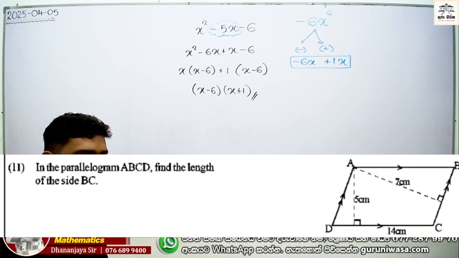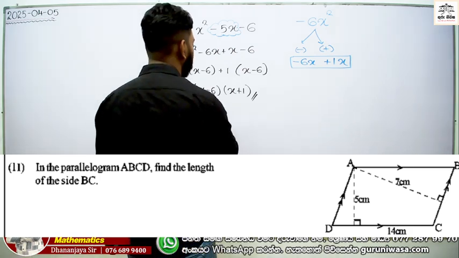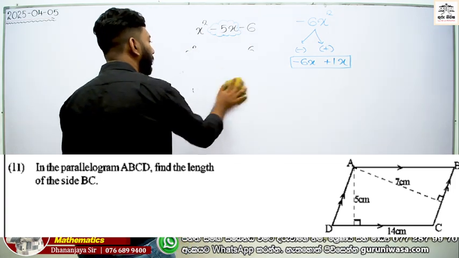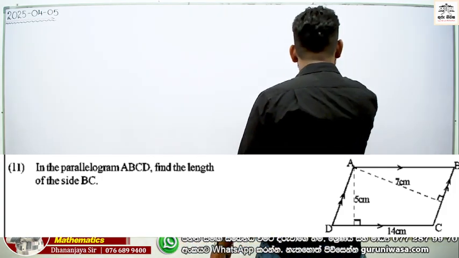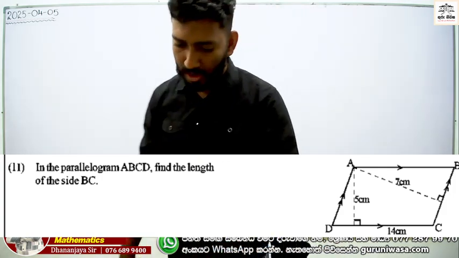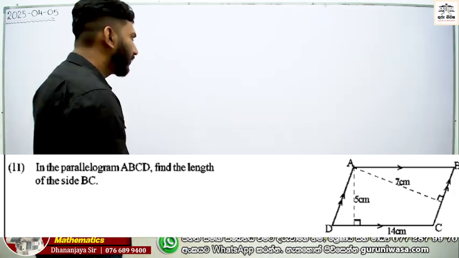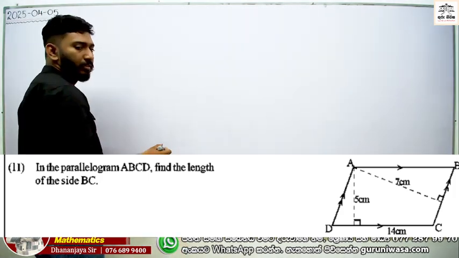And the 11th one. In the parallelogram ABCD, find the length of BC. How to find the area of the parallelogram? It's base into height, right?